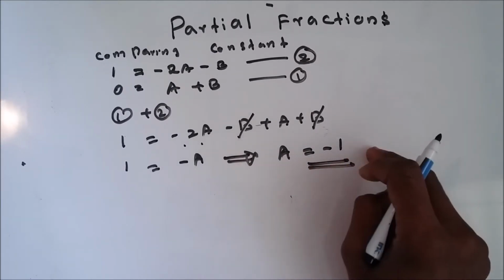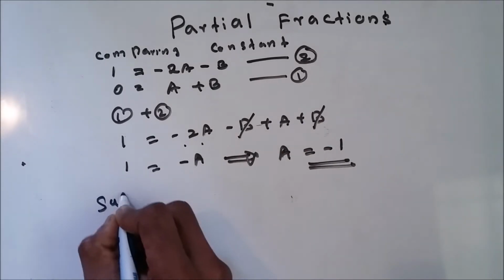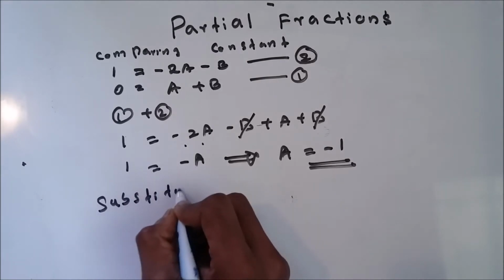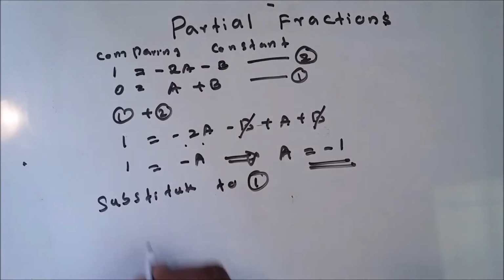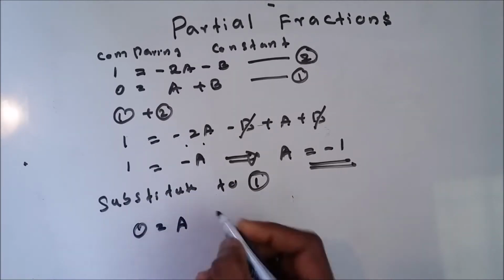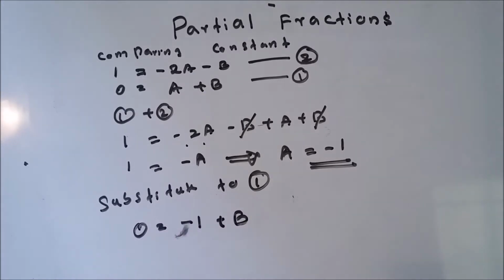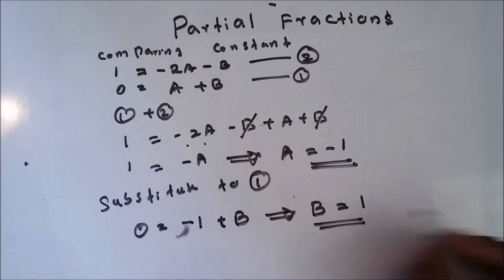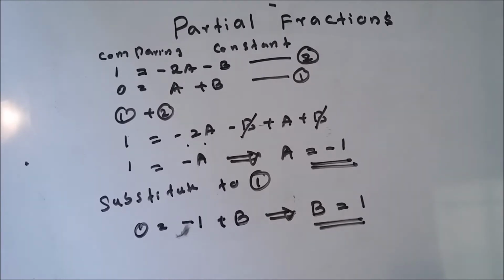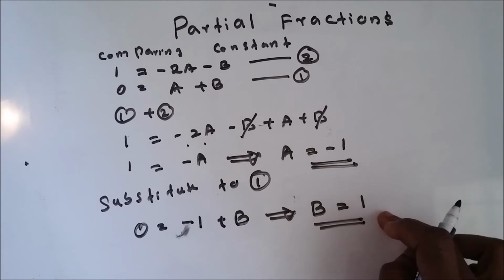A equals minus 1, we can substitute into the first equation. 0 equals A, which is minus 1, plus B. Then B equals 1. So we found A equals minus 1 and B equals plus 1.